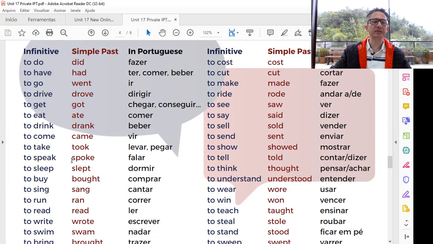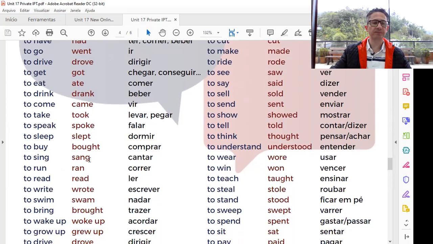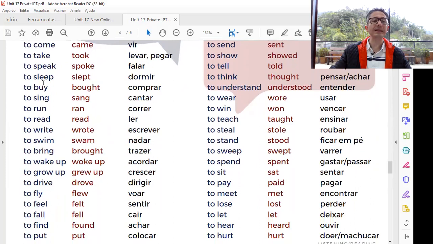To speak, spoke. To sleep, slept. To buy, bought. To sing, sang. To run, ran. To read, read. To write, wrote. To swim, swam.